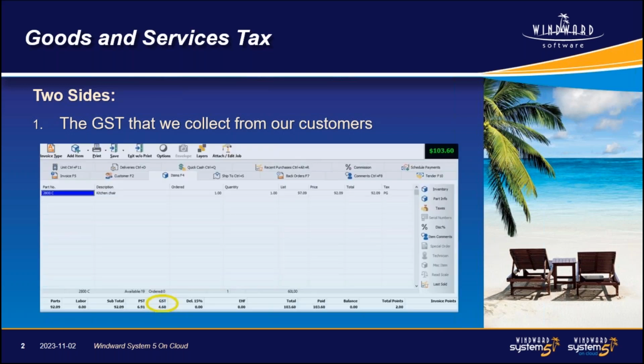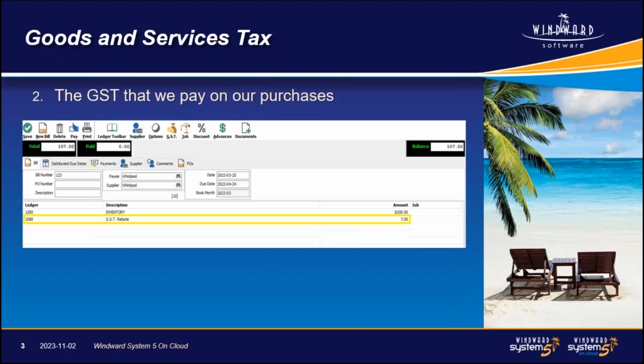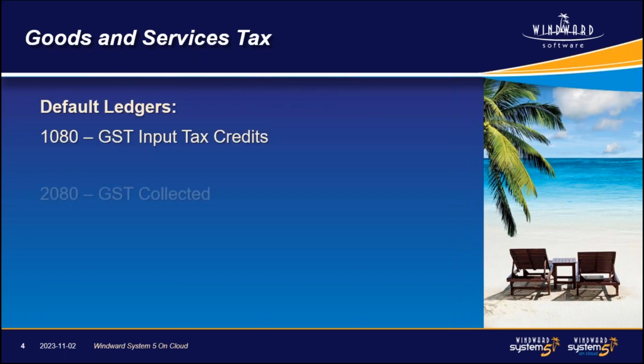The default ledgers are 1080 for the GST input tax credit, and 2080 for GST collected. They do not need to remain those numbers. If you prefer different numbers, they can also be set up in the chart of accounts.